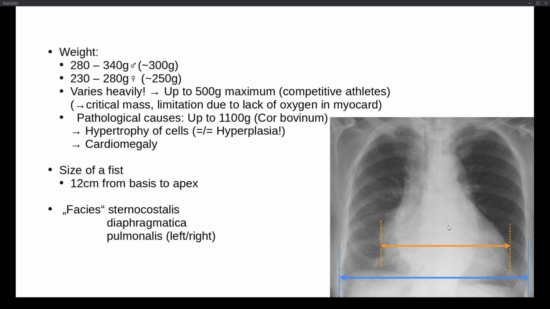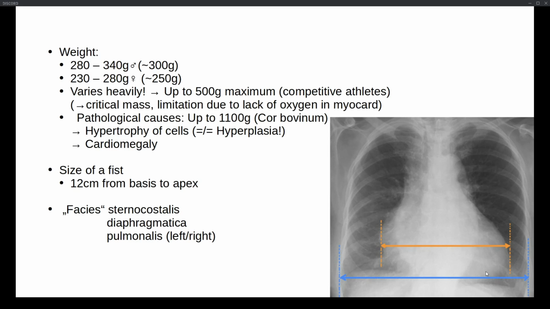You also divide the heart into several faces. The facies sternocostalis, which is basically the side towards the sternum and the ribs. The facies diaphragmatica, which is towards the diaphragm.